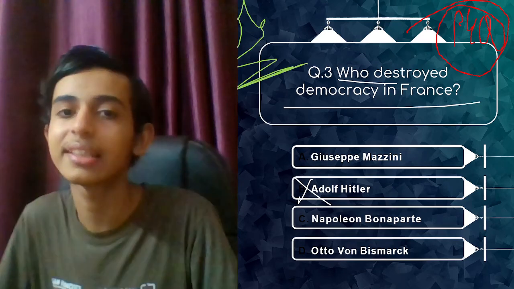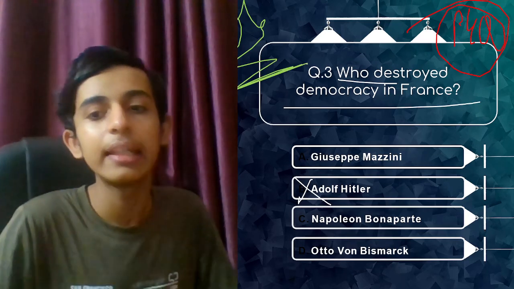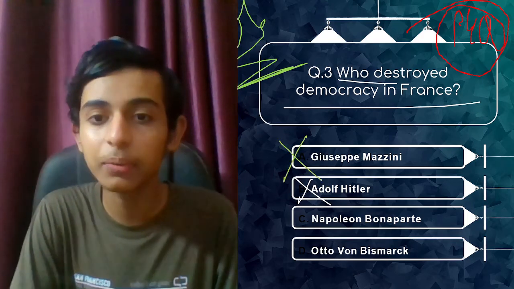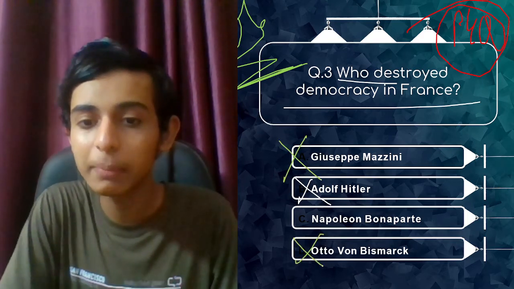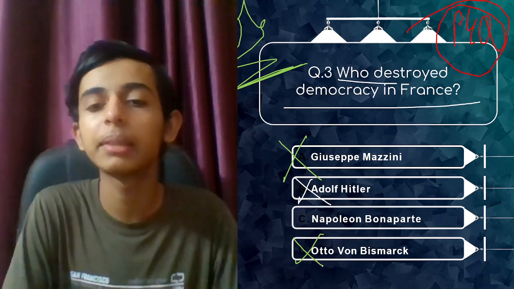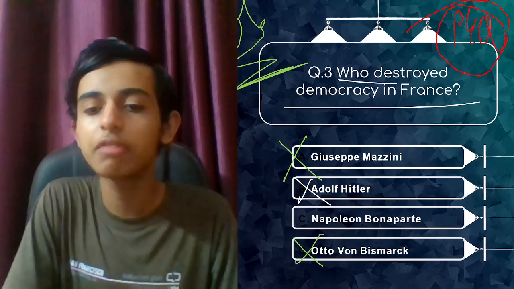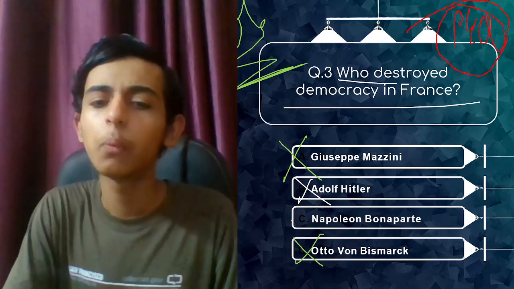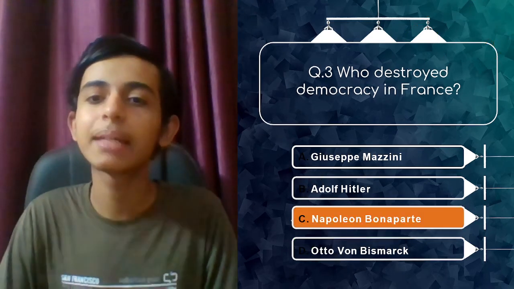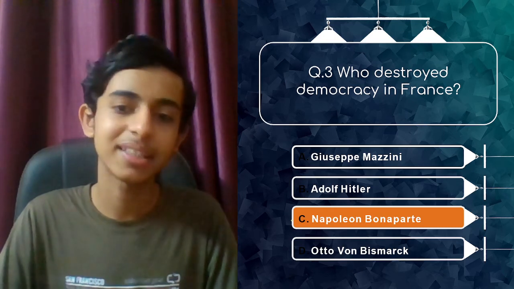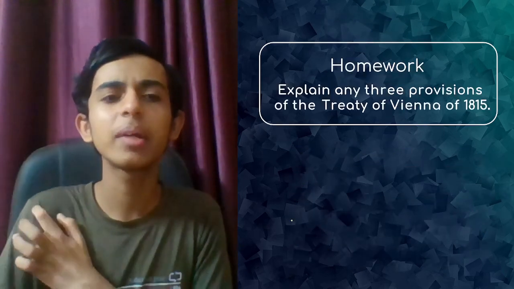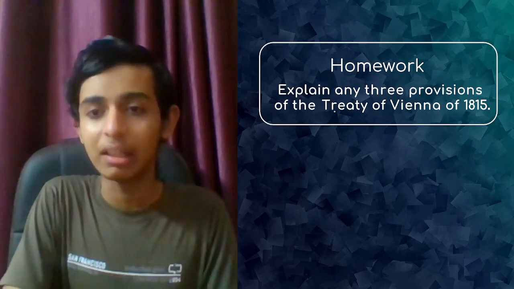So how can we discuss him right now? Then Giuseppe Mazzini, as I said, was an Italian revolutionary, so he could not do that. Otto von Bismarck, you will be reading in the Making of Germany that he was the chief minister of Prussia. So which option is left? Definitely Napoleon Bonaparte.